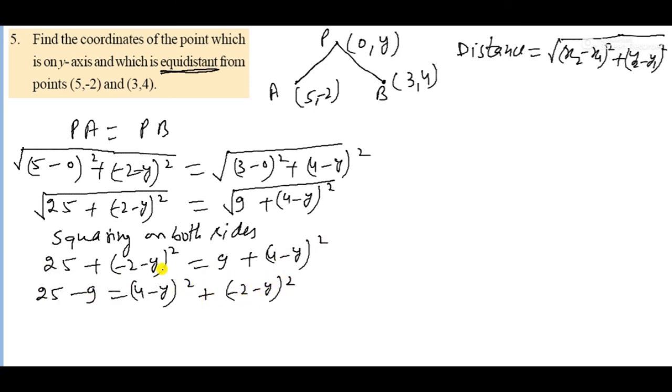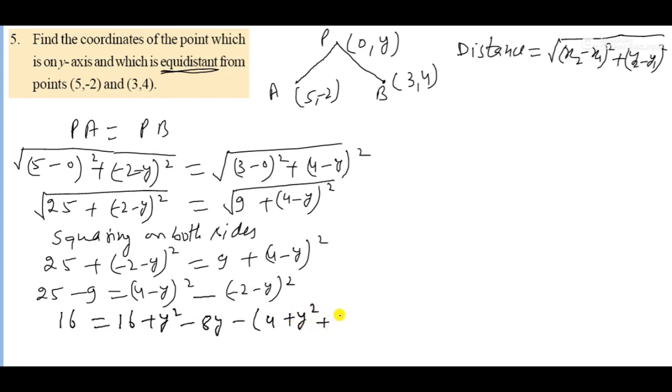So it is x2 and y2, and this is x1 and y1. Now apply the formula. It is the square root of (5 minus 0) whole square plus (-2 minus y) whole square, which is equal to PB.